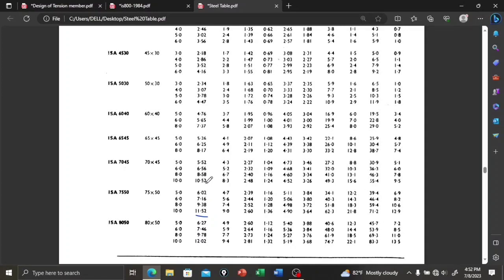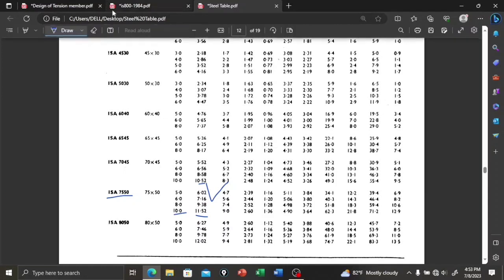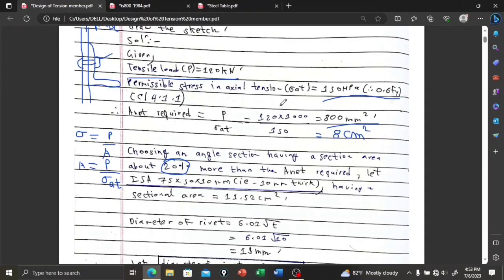We can also choose this section, that is 704510, which is also greater than 9.6, but I choose this. You can choose any, so I choose ISA 7550 and the thickness is 10, and the area is 11.52.